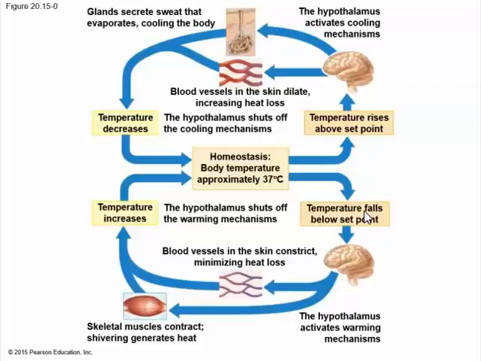The blood vessels in the skin constrict, reducing heat loss at the skin, and your muscles start to shiver. Shivering generates heat. That warms you up. And once temperature goes up to a certain level, the hypothalamus shuts off the thermostat, shuts off the furnace.